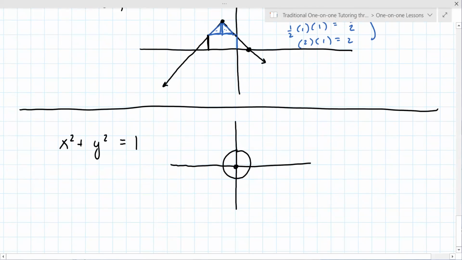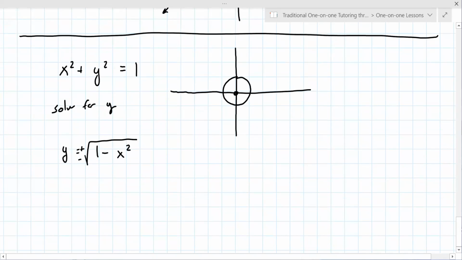Okay, so if you solve for y, you end up getting y equals the square root of 1 minus x squared, and then you get this plus or minus. But in your class, you're just going to see the square root of 1 minus x squared. And if you graph that, you're supposed to recognize that this is a circle, and it's this part of the circle.